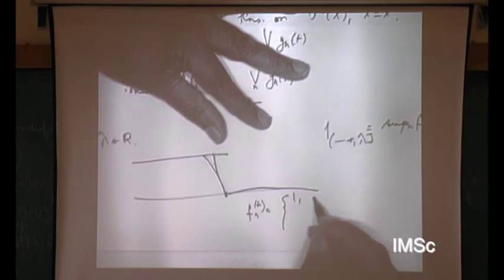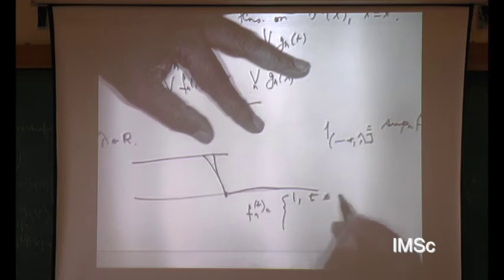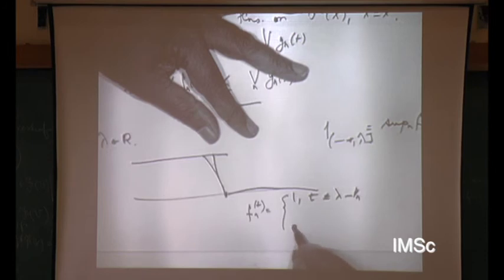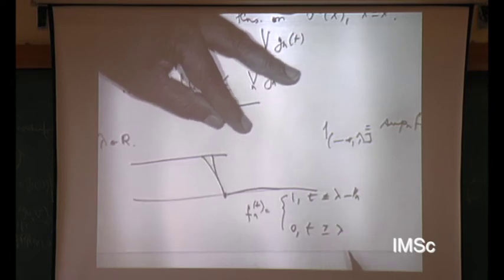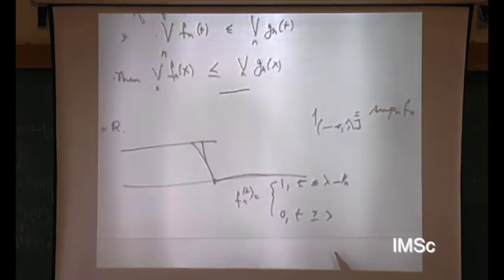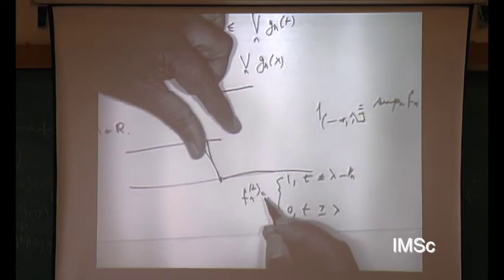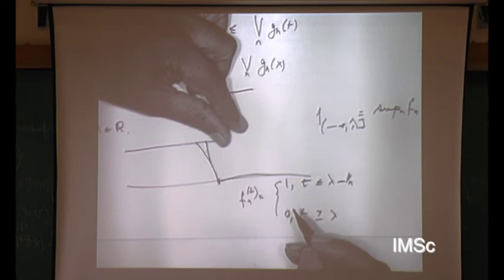1 for t less than or equal to lambda minus 1 by n, zero for t greater than or equal to lambda, and in between it will be that linear function, lambda minus t times n.